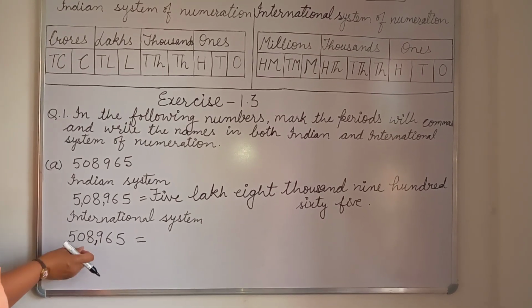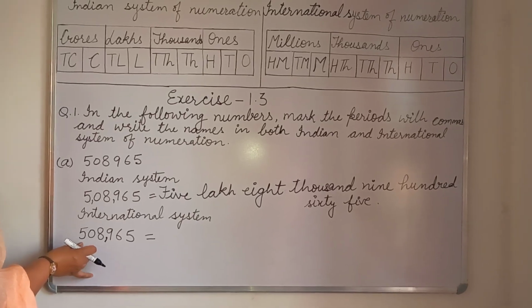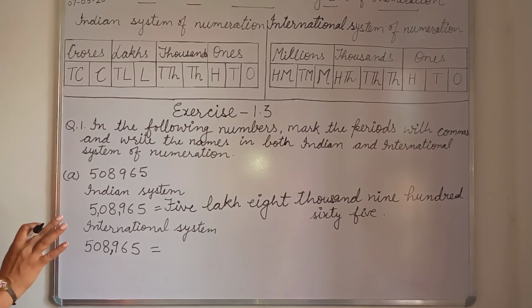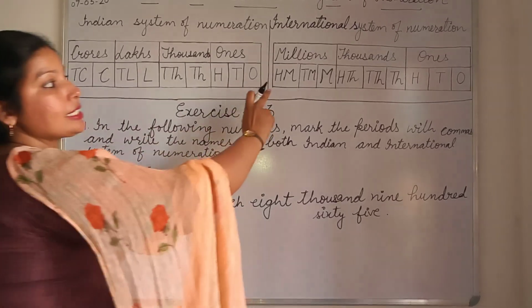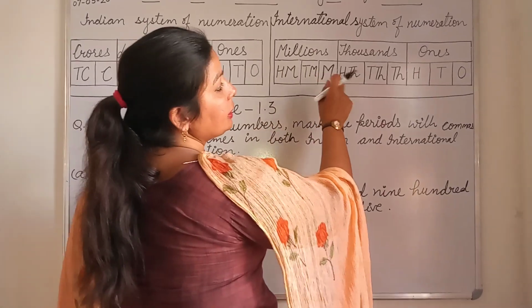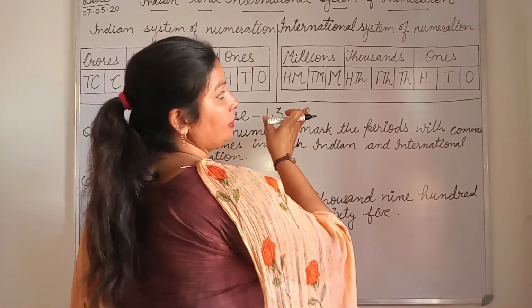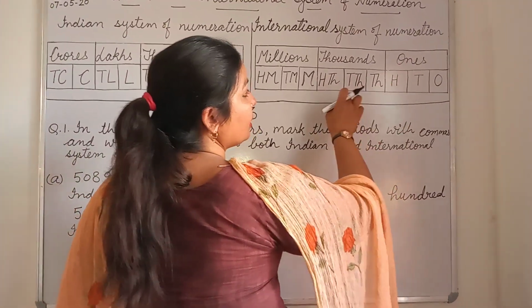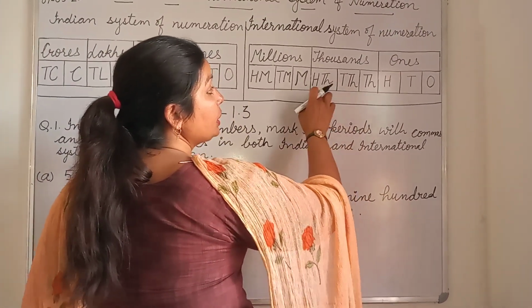508. Now some students are confused about how hundred comes here, but that is correct because in the international system we have till hundred. In each period we have places till hundred. In the ones period also, in the thousands also: thousand, 10,000, 100,000.